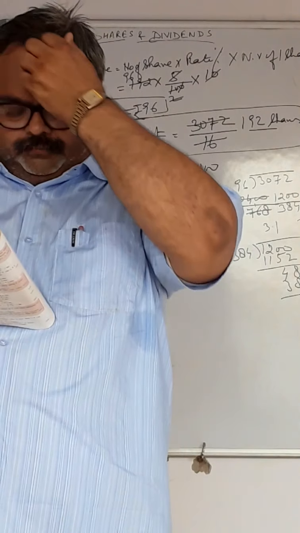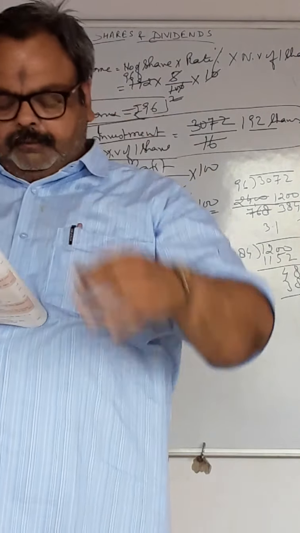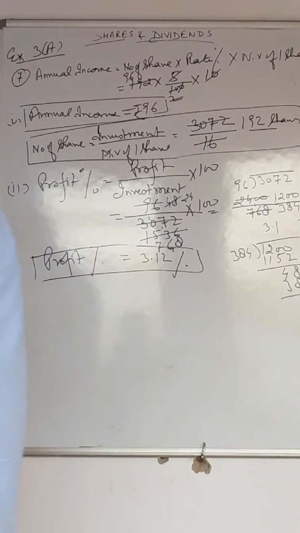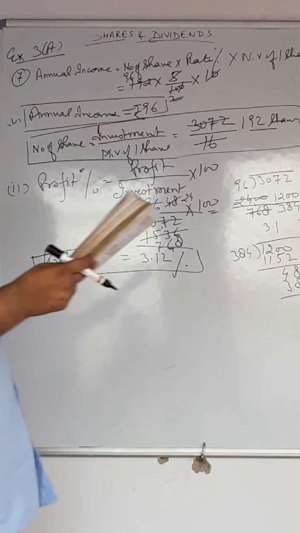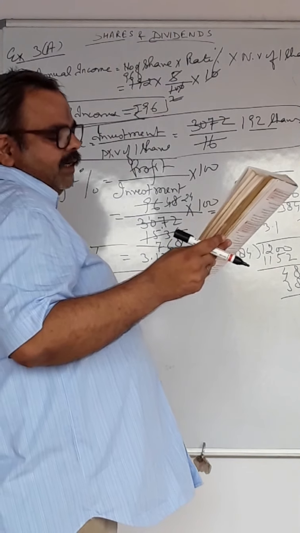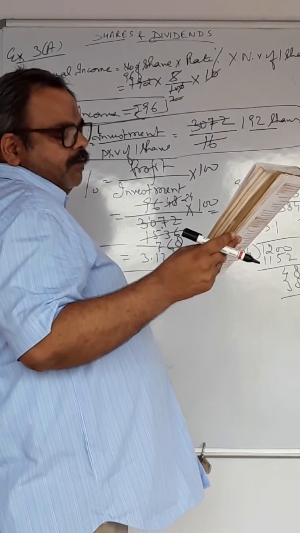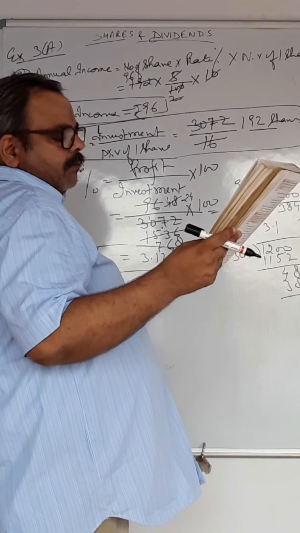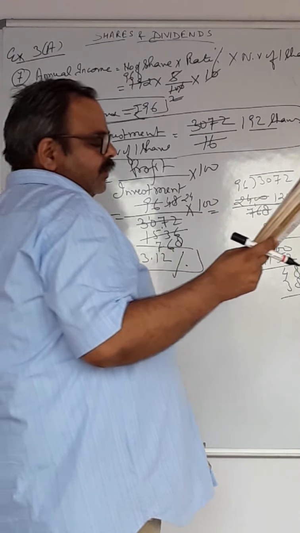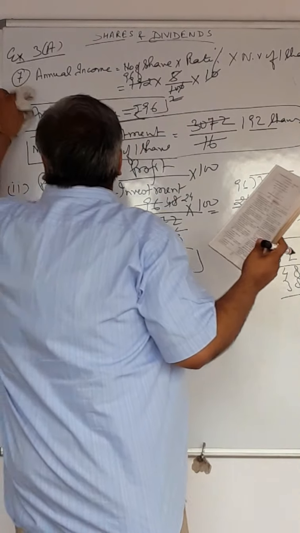Question number 9. A man buys 50 shares of a company paying 12% dividend at a premium of ₹10. Find the market value of 320 shares. Same question, look here.